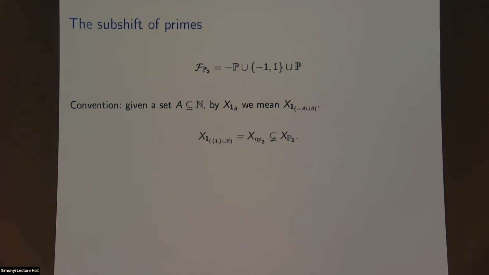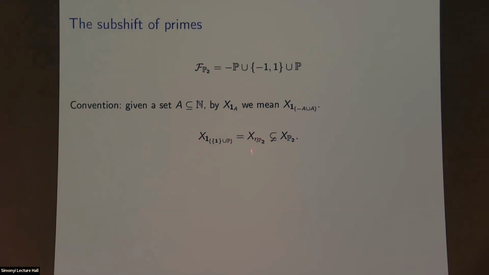Under this convention, we can write that the subshift defined by the set of primes together with the number 1 is the same as the B-free subshift, where B is P2. Okay, so this follows by this formula.